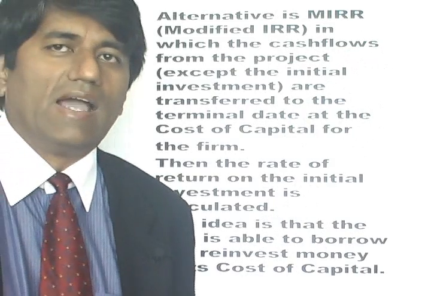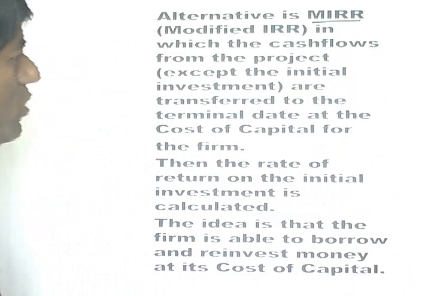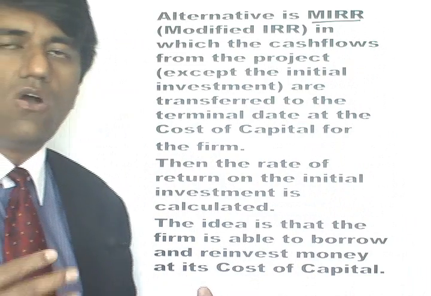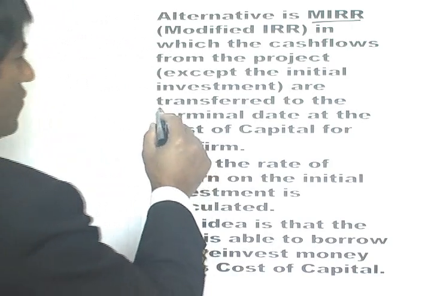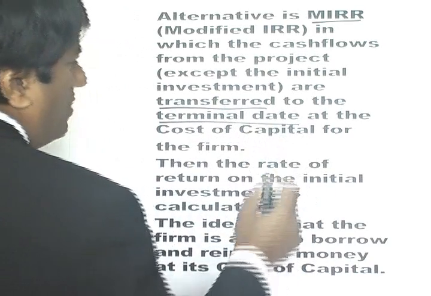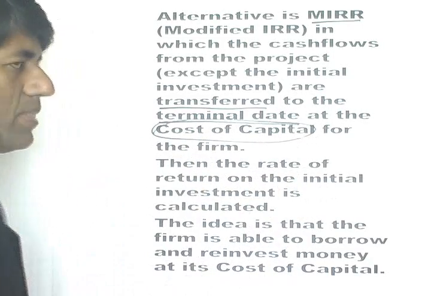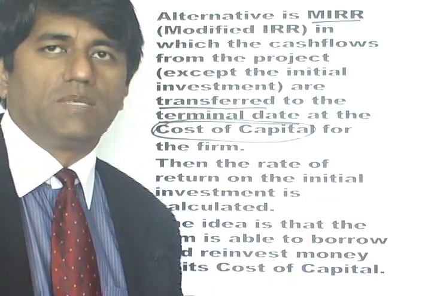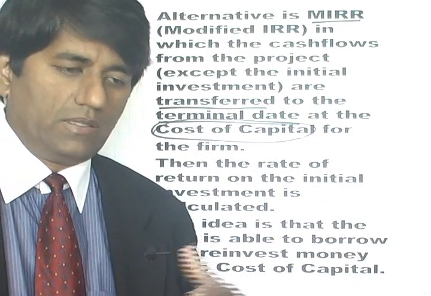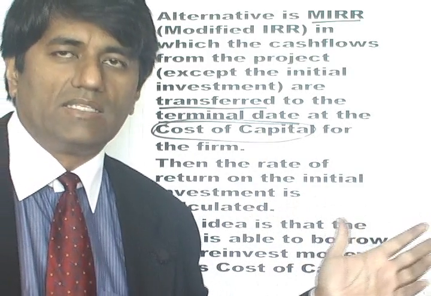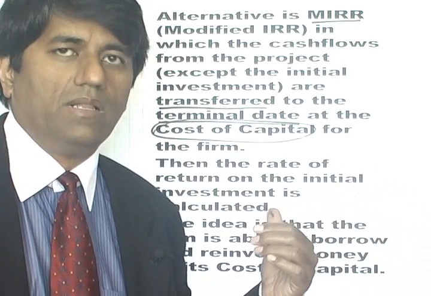So in modified IRR, or MIRR for short, what you do is you take all future cash flows, both positive and negative, and transfer them to the terminal date of the project at the cost of capital rate for the firm. The cost of capital is a feasible rate for investing money and moving money forward through time, rather than the 42% that we had in the previous example.